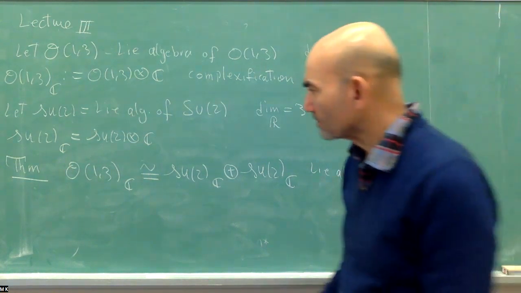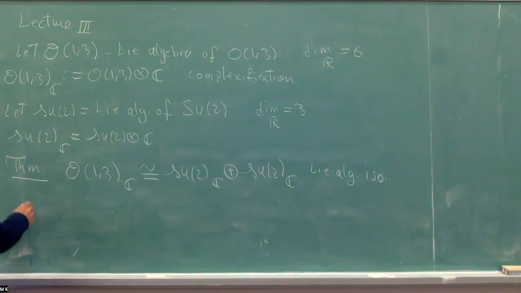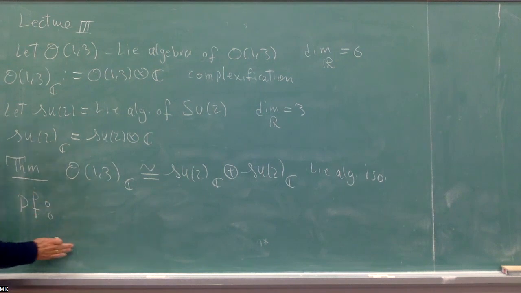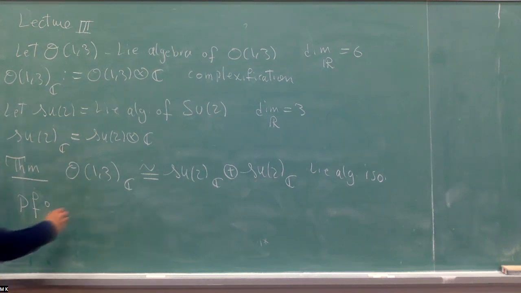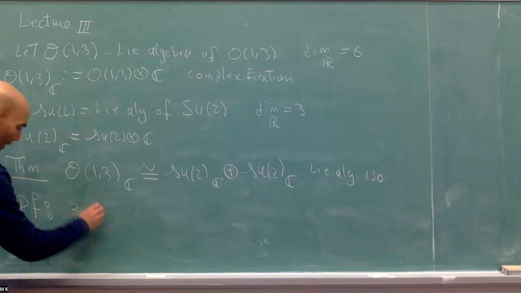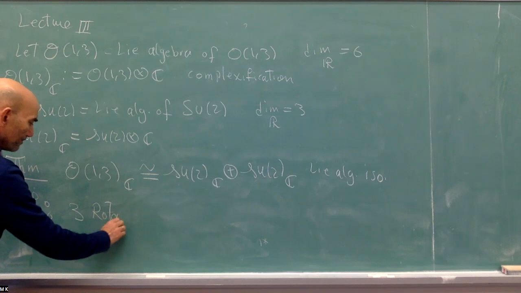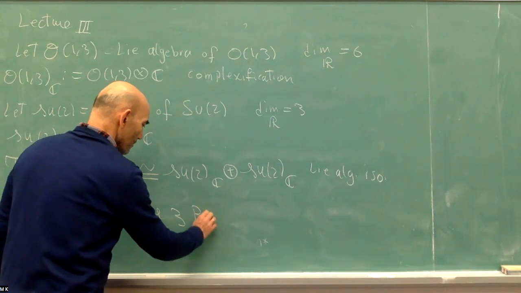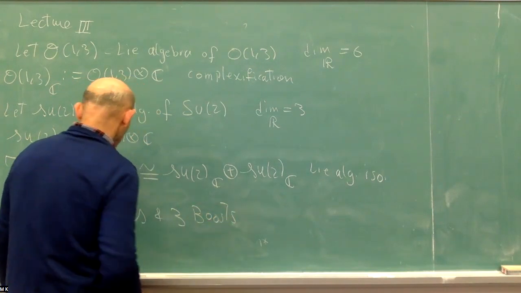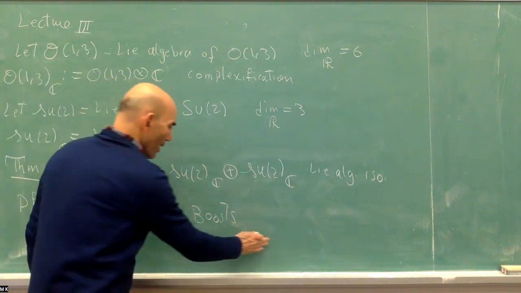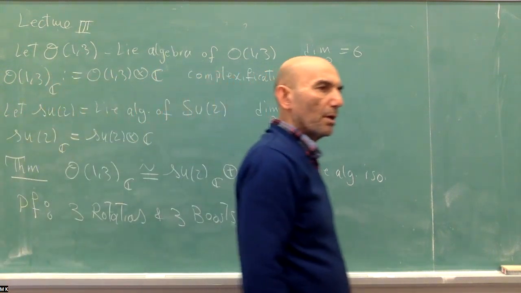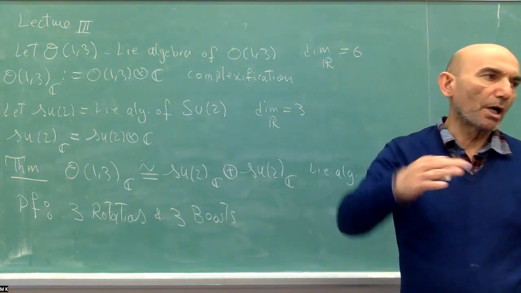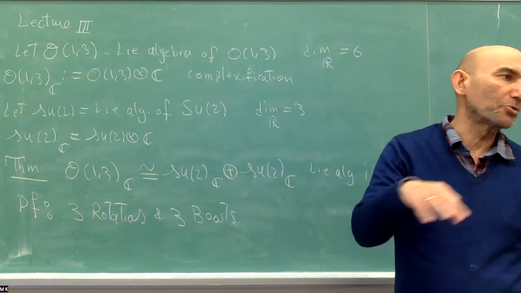So the proof is not difficult, but we have to know something to prove it. We are going to introduce 3 rotations first, and 3 boosts. By rotations, I mean these 2x2 rotations in a 2-dimensional Euclidean space.